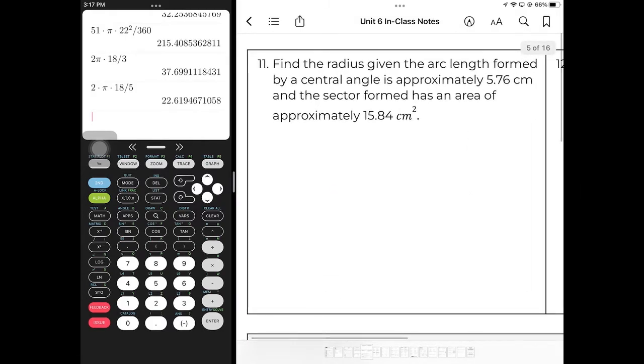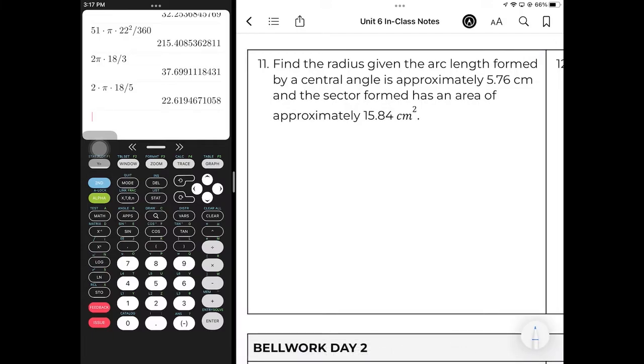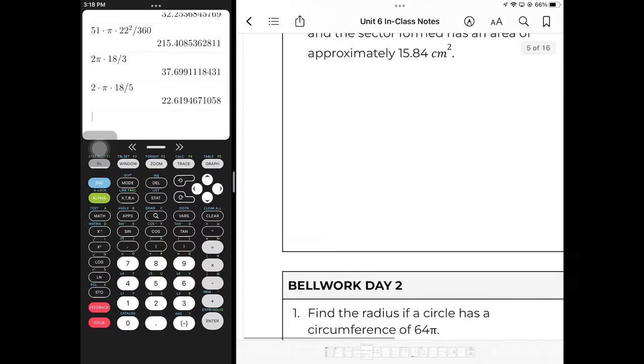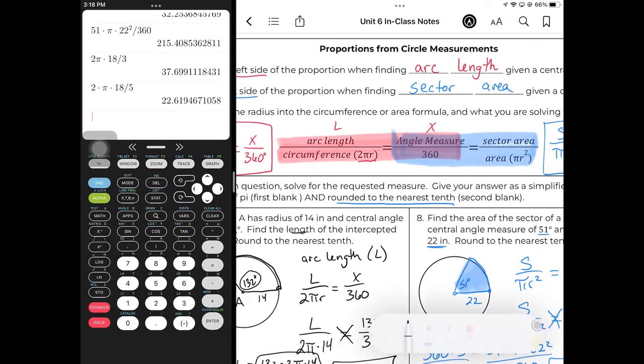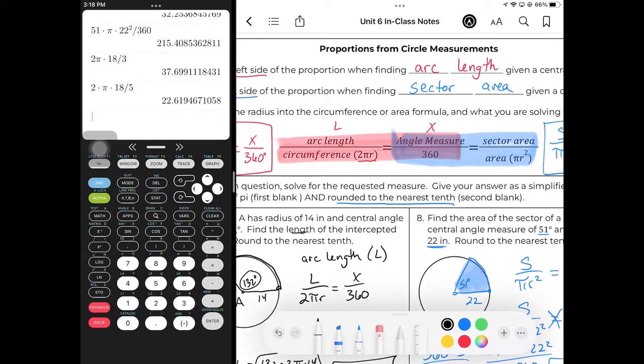All right, to find the radius given that the arc length formed by a central angle is approximately 5.76 centimeters and the sector formed has an area of approximately 15.84 centimeters, here's what we're going to do. I'm going to give you a shortcut. If I go back and look here, I know that arc length out of circumference is equal to angle measure over 360, but so is sector area out of the full area.